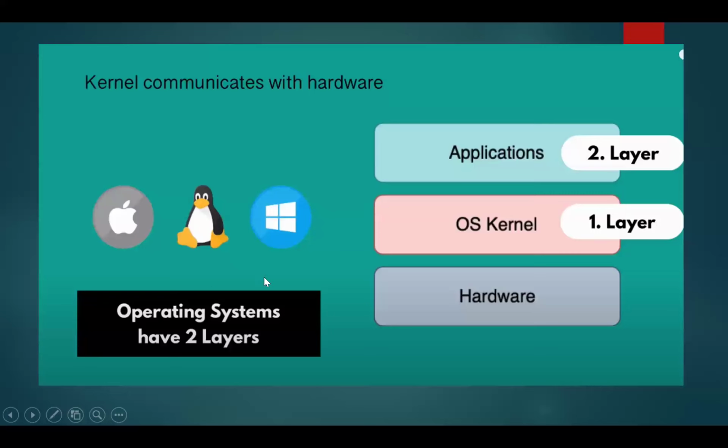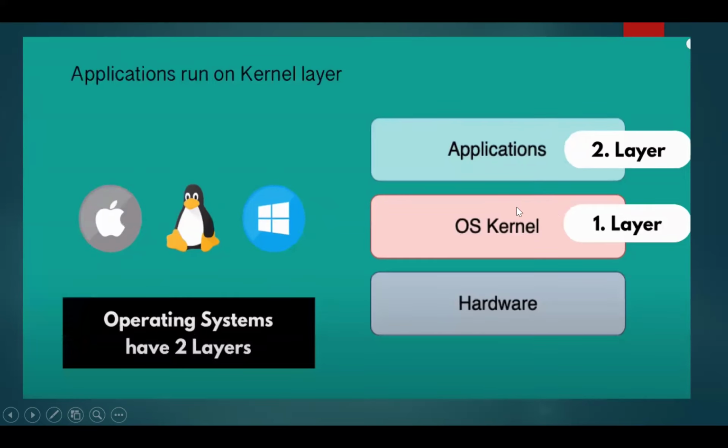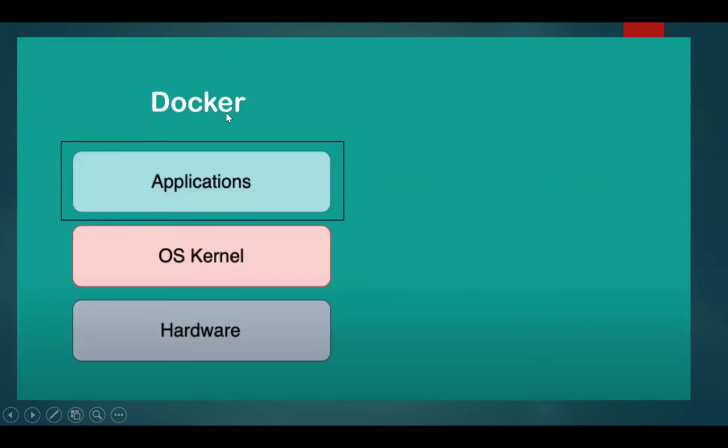That actually happens in your virtual systems. Whenever you use VMs, virtual systems, that also creates your Ubuntu machine, but it creates a new separate kernel, and then you run your application over it. But in the Docker case, you use the kernel of your own system.